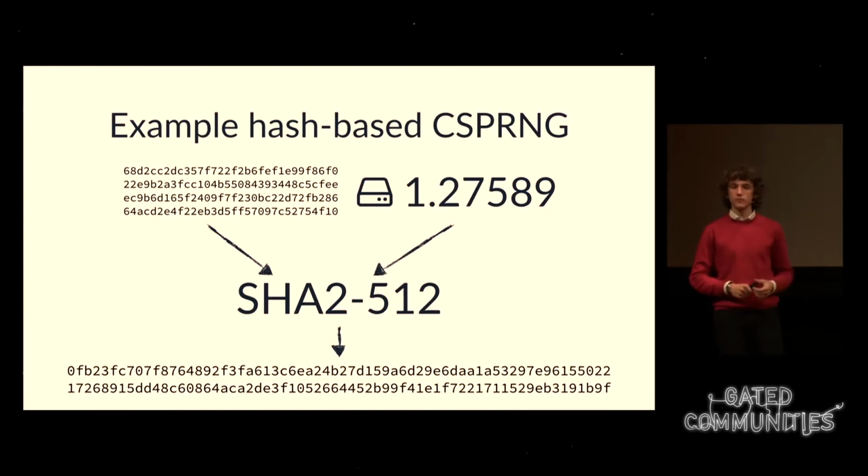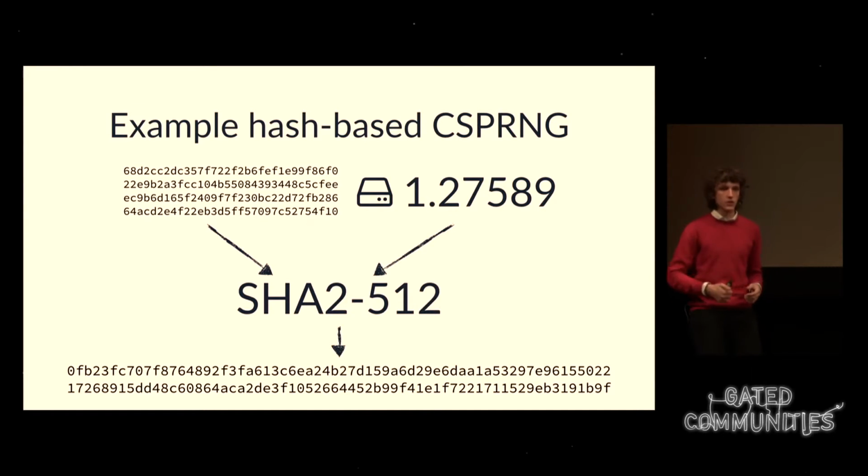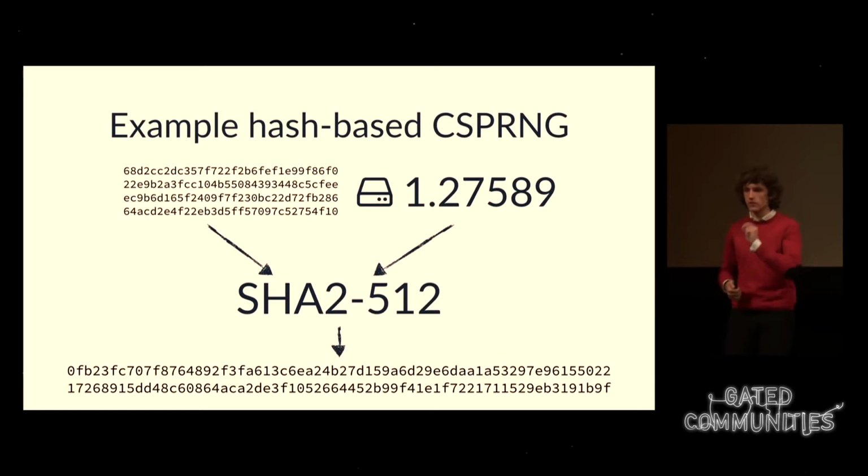And we repeat. Now, instead of zeros, we have the output from before. Now we have this output, and a new event happens. A disk read happens, and it takes exactly 1.27589 nanoseconds. And we hash together the old contents of the pool, this information, disk read happened, and it took this amount of time.